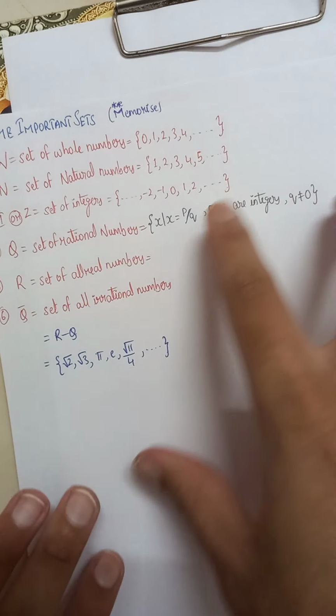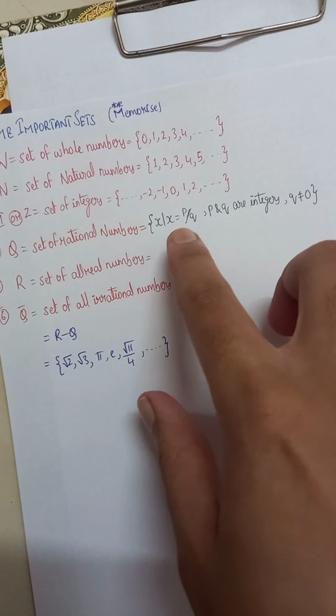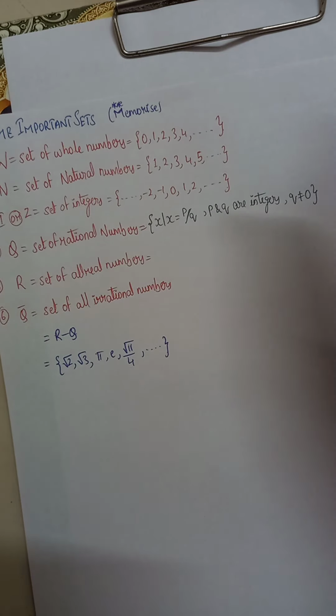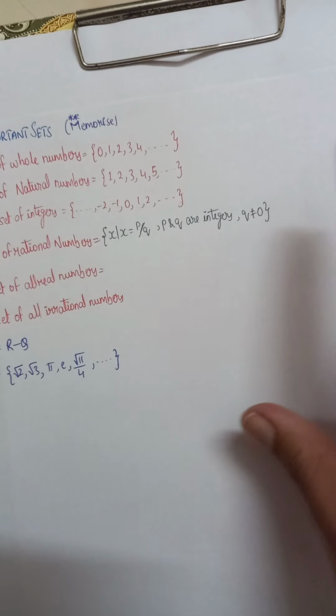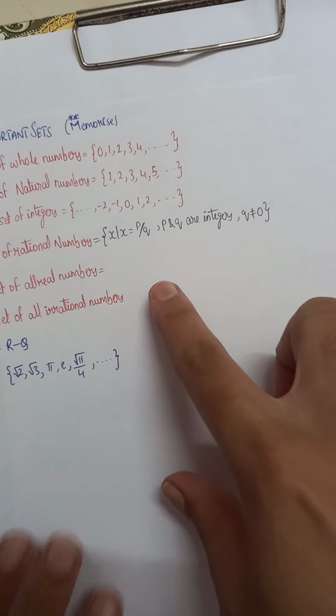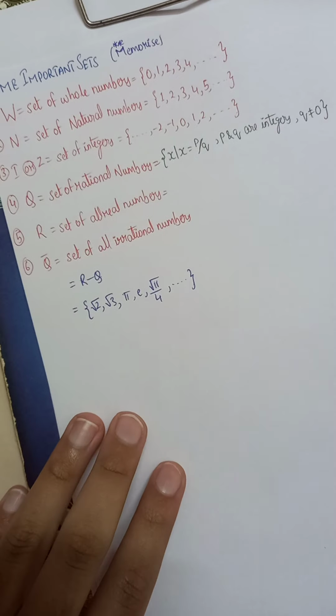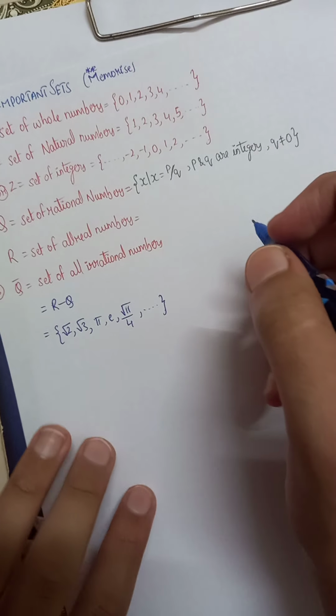So what are rational numbers? It means x such that x is in p by q form, where p and q are integers and q should not be equal to 0. Q, which is in the denominator, should not be equal to 0. R is the set of all real numbers.